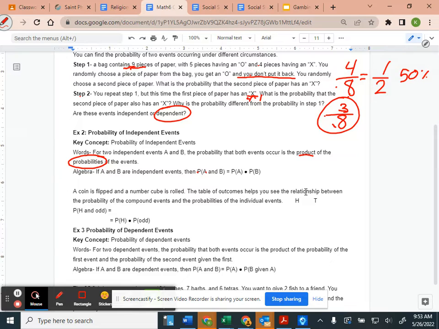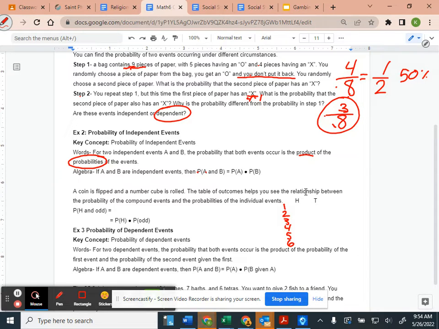So we're going to make a table. We have our heads and tails for our coin, and then we have our dice roll. There are 6 numbers on our dice.